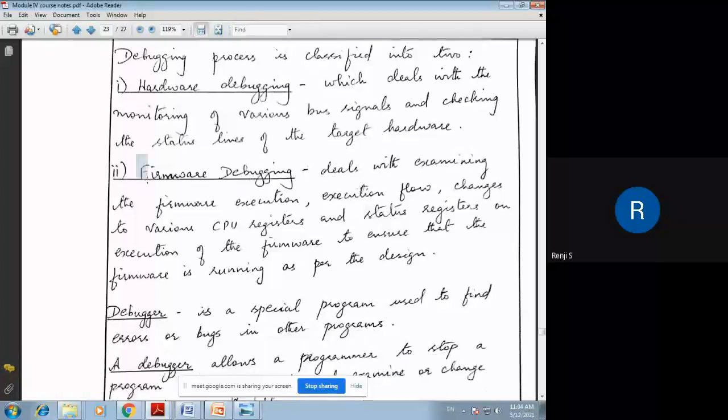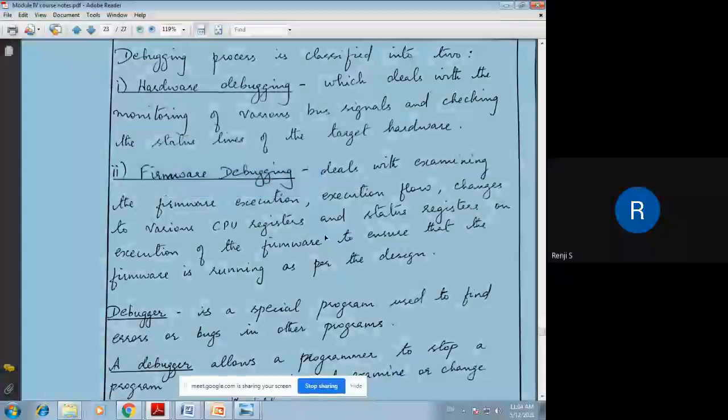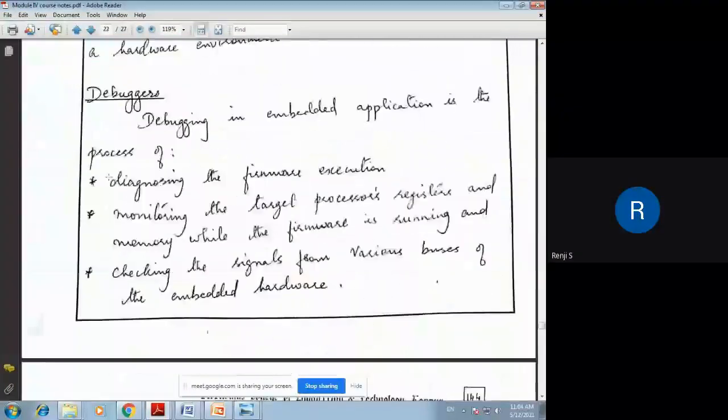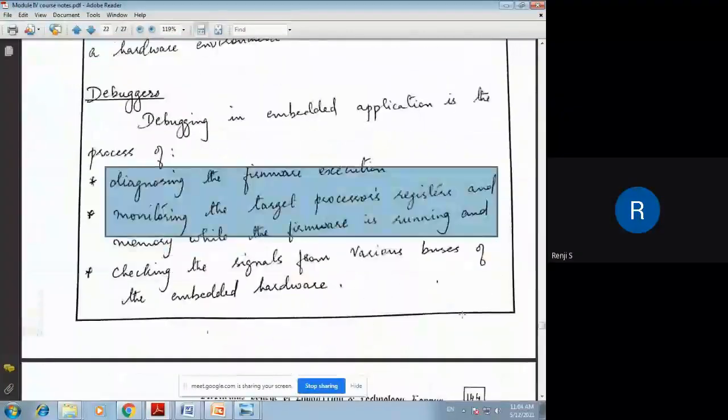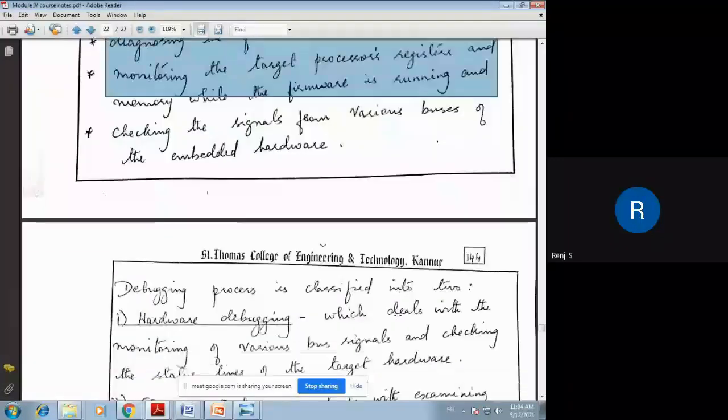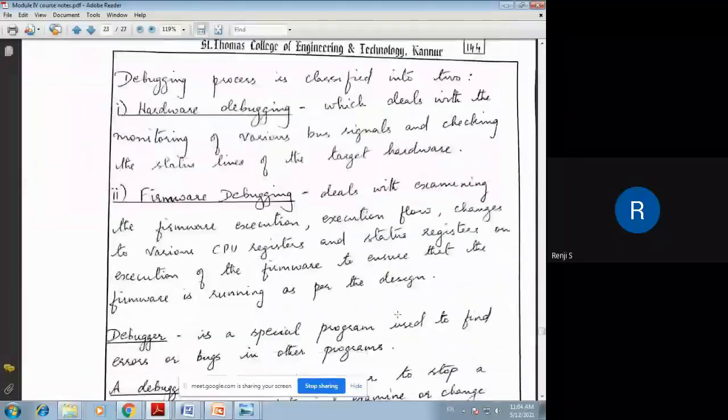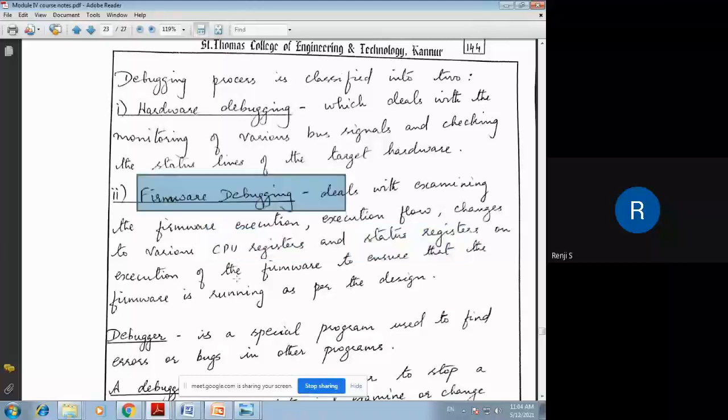Then what is firmware debugging? The first 2 points which we said here come under firmware debugging. That is diagnosing the firmware execution flow, then changes in the CPU registers, and for a processor there will be status registers. Examining the contents of the registers and monitoring the execution flow comes under firmware debugging.